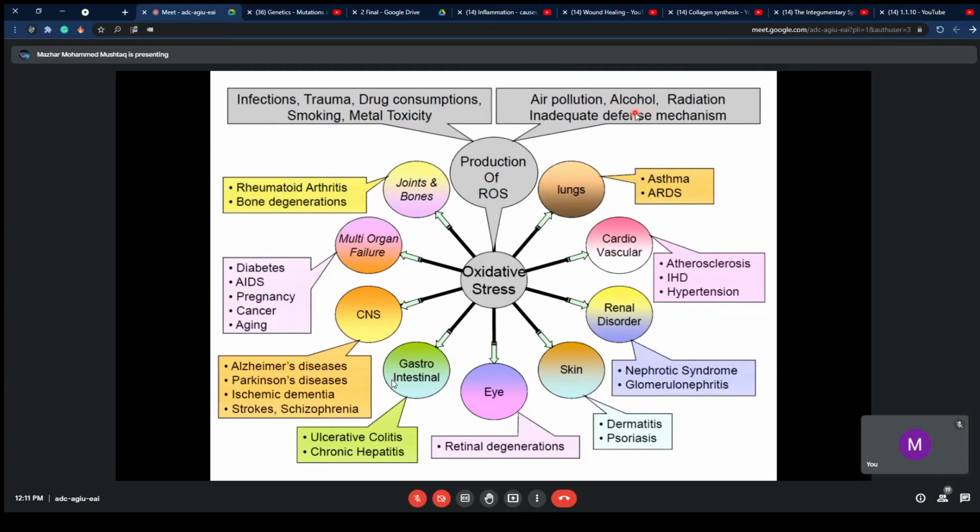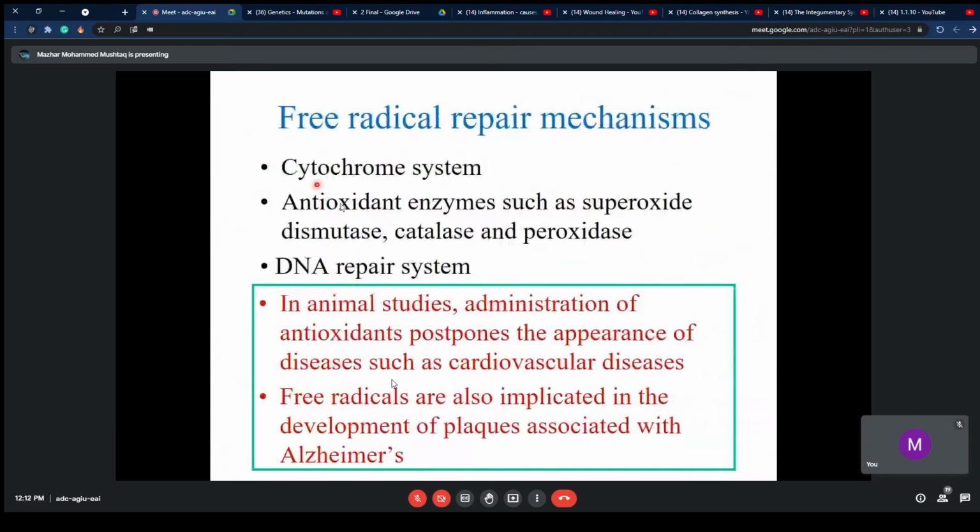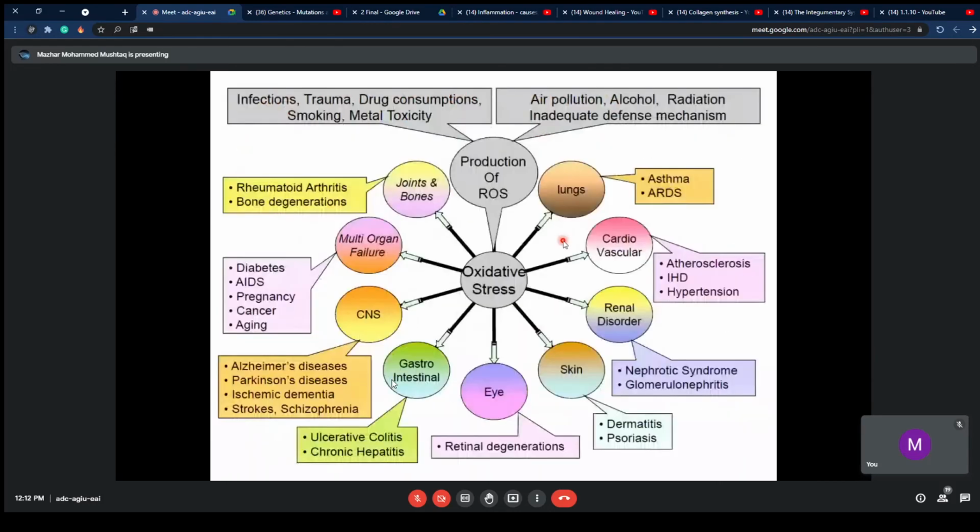Inadequate defense mechanism means that we do not have enzymes like dismutase, catalase, and peroxidase, because these perform the function of defense. They defend us from free radicals. So if this defense mechanism is not properly there, or it is impaired somehow, then all these things are going to lead to the production of ROS.